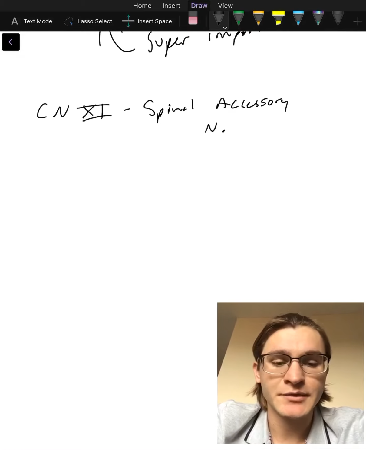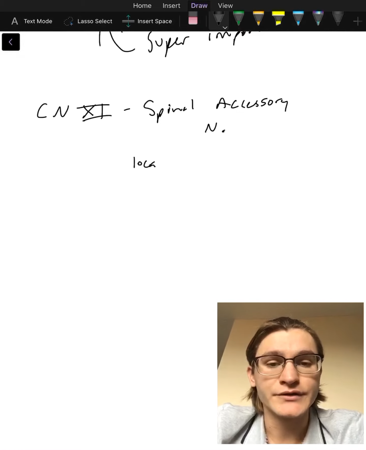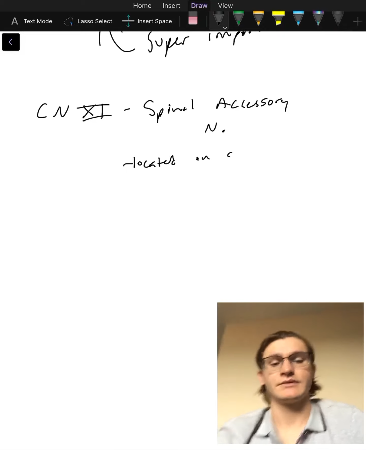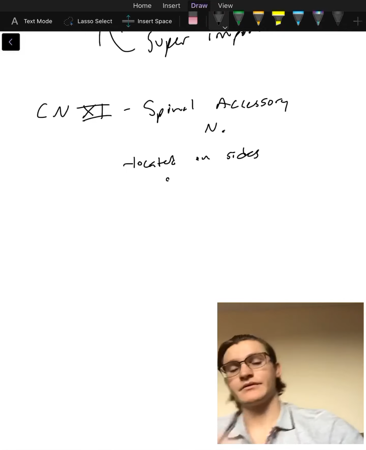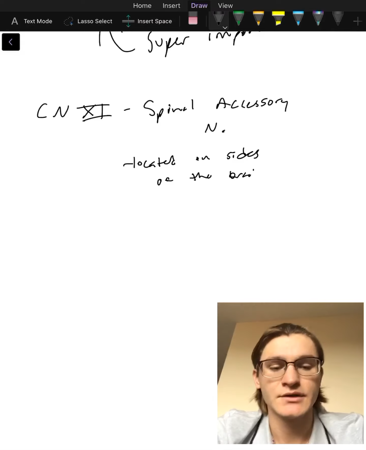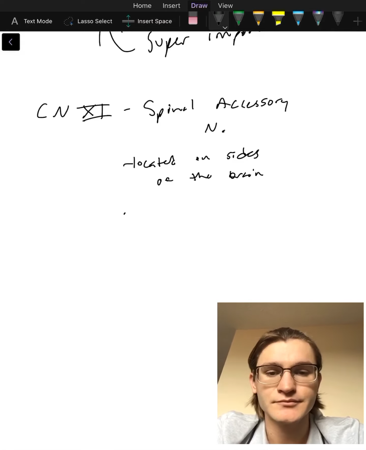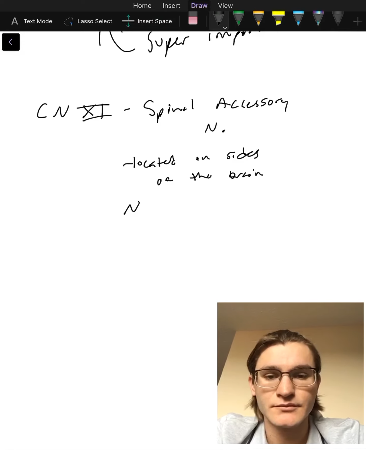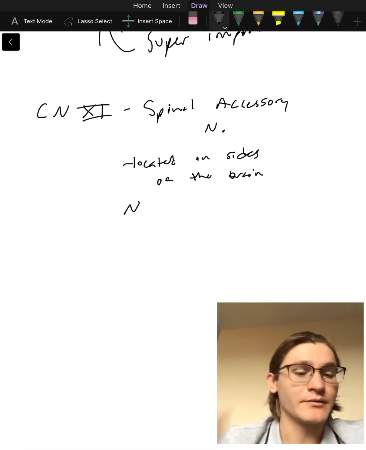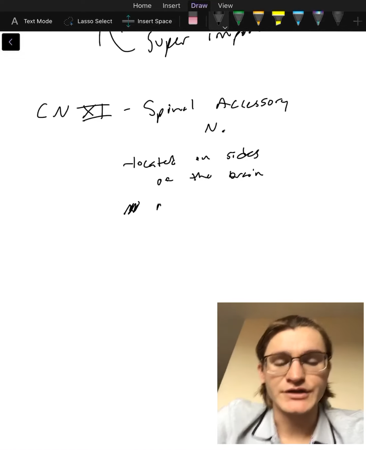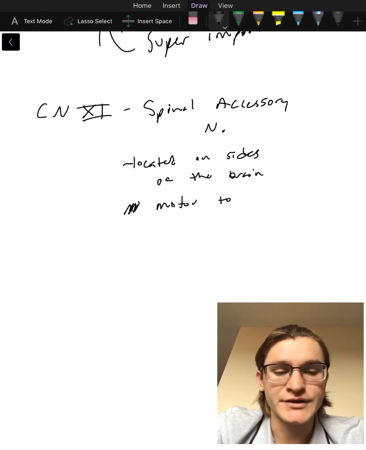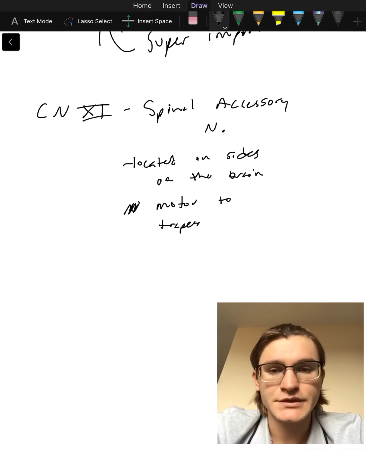It's the trapezius muscle, so it's going to be the motor nerve to the trapezius muscle. And that's these guys in the back. They're your big triangular muscles, your traps. And it's located on both sides of the brain. That's just the location. It's just minor extra detail, but it is what it is.